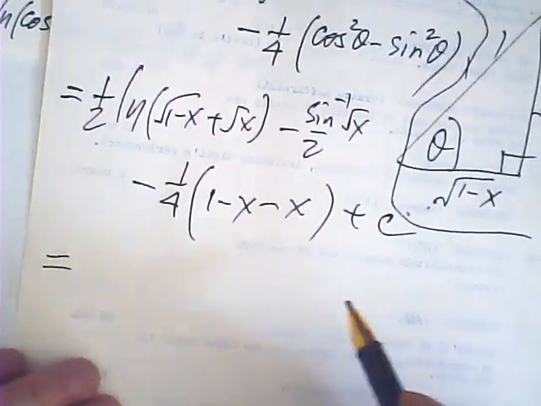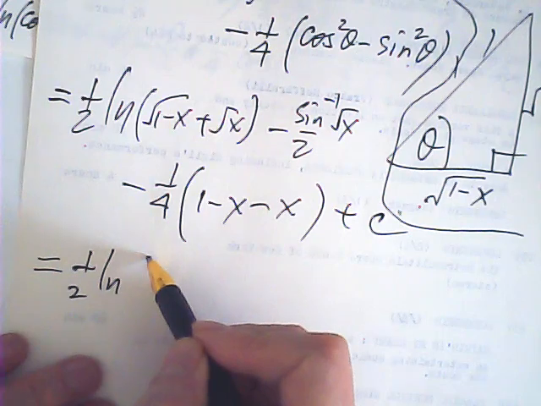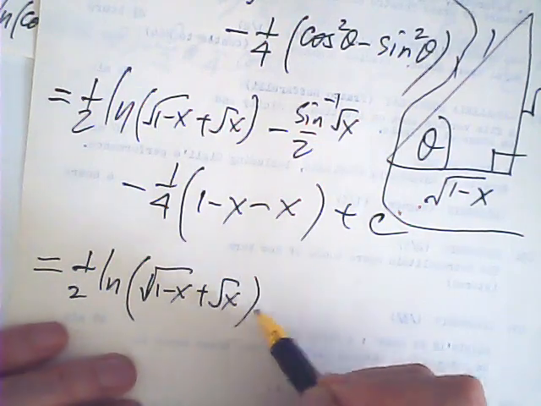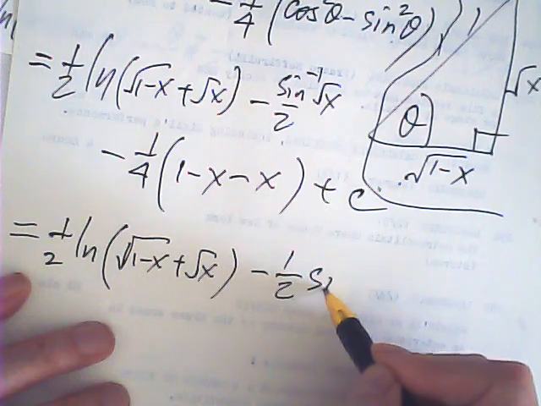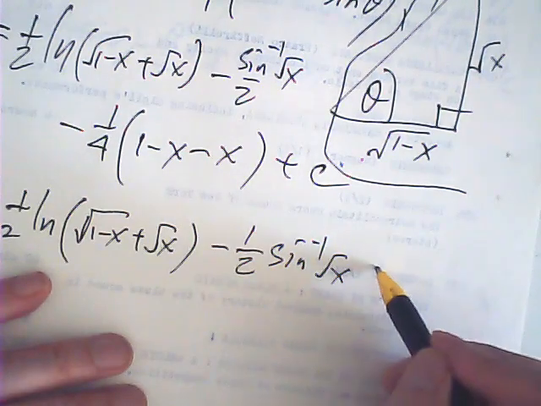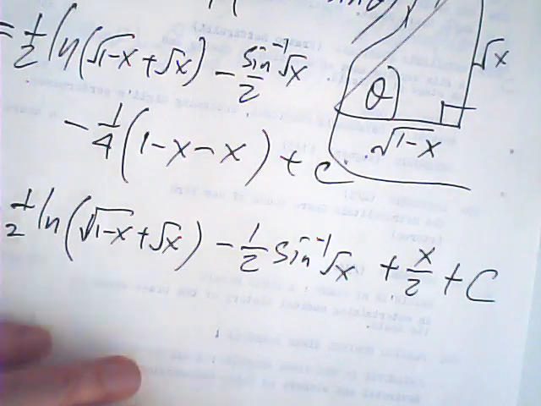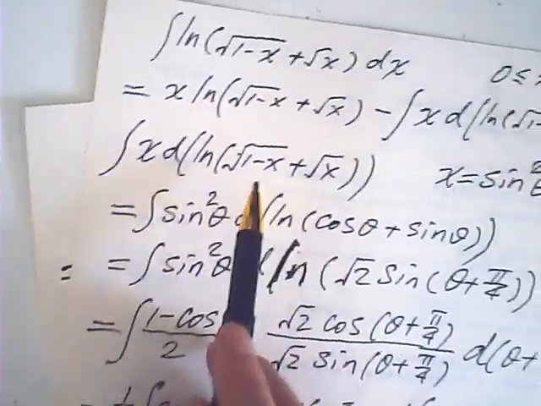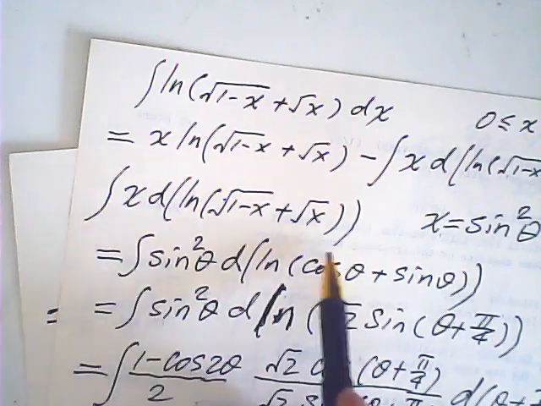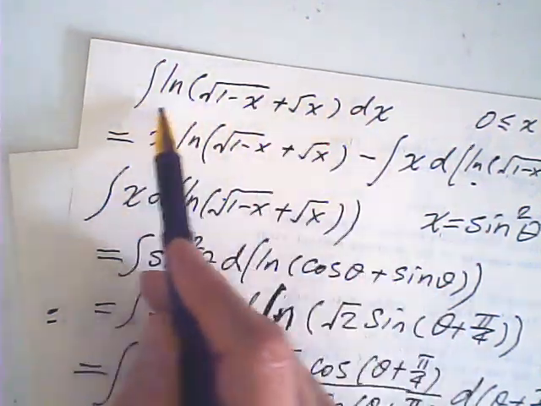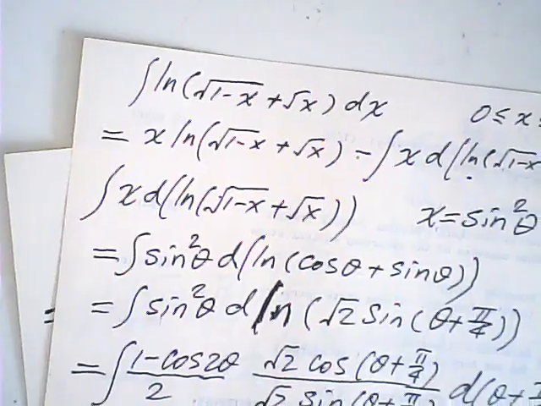So this one is equal to half natural log 1 minus root x plus root x minus half arc sine root x. This will be what? This will be positive half x plus c. Yeah. This one is what we discussed here. We have to put back into our target integral, which is this minus that is our answer.